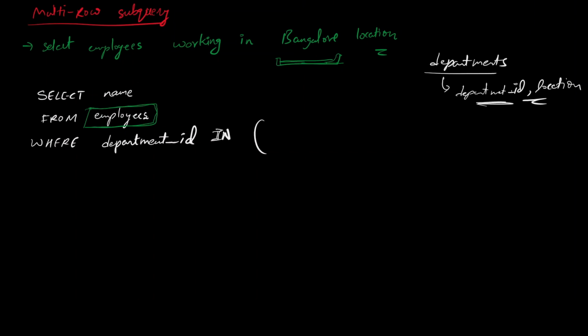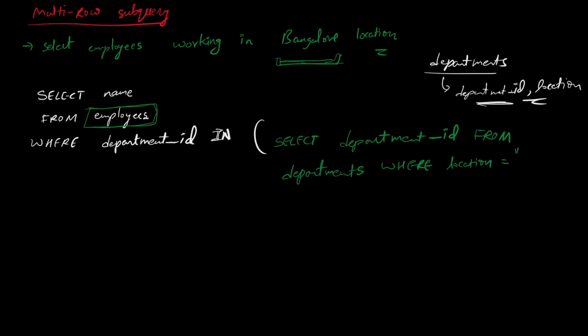So now the subquery will be: select department ID from departments where location is equal to Bangalore.